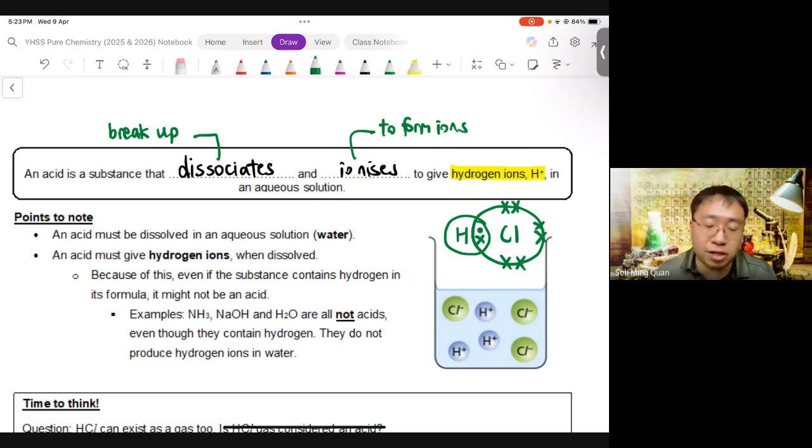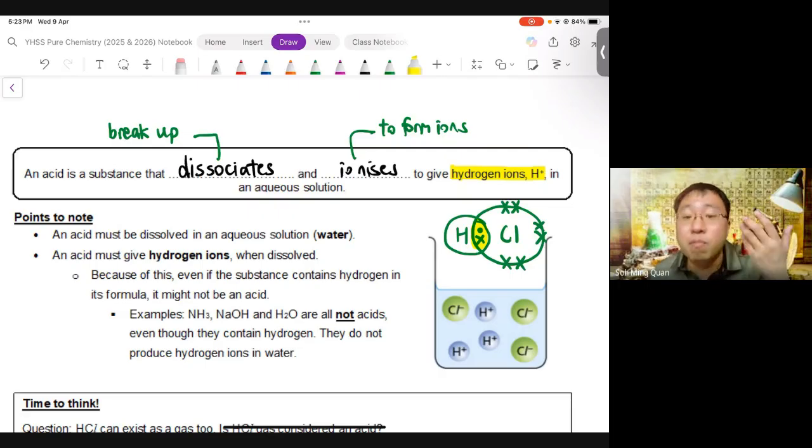But when it dissolves in water, what happens is the shared electrons will migrate to chlorine. When you dissolve it in water, the water molecules start interacting with the HCl. When the water molecules interact with the HCl, the shared electrons, which I've highlighted in yellow, will migrate and go over to the chlorine entirely. Now, this makes sense now that you have learned electronegativity.